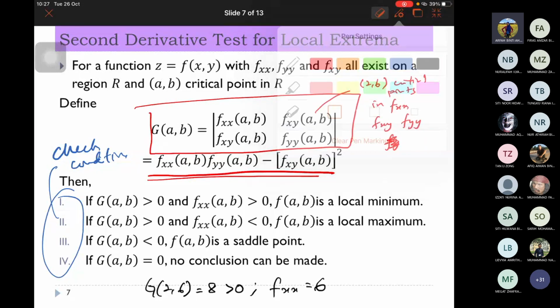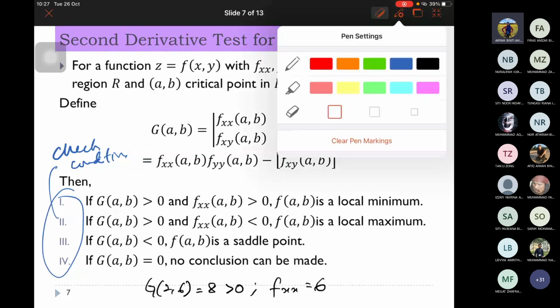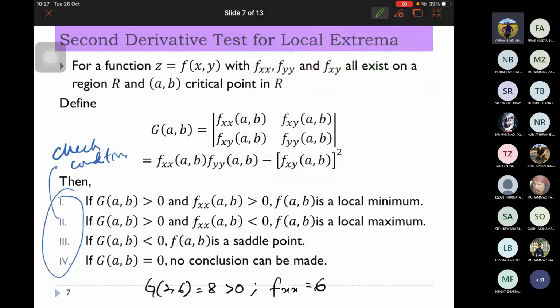Lebih besar daripada kosong meaning that it will fulfill these two condition. Okay. Lebih besar daripada kosong. Okay. So daripada situ pula fxx lebih besar daripada kosong as well. So AB adalah titik local minimum. Okay. So itu adalah macam mana kita nak tentukan.